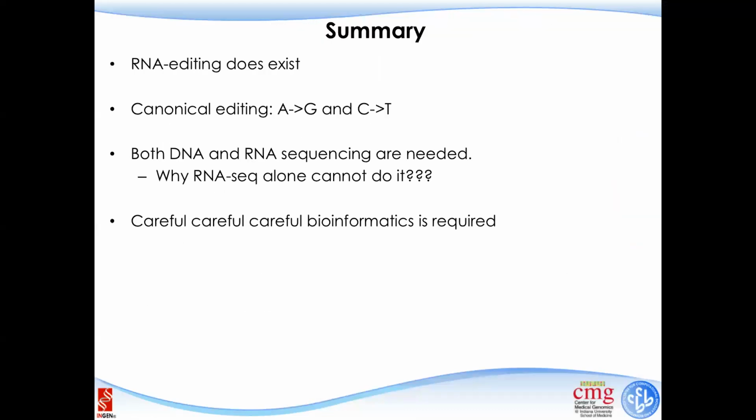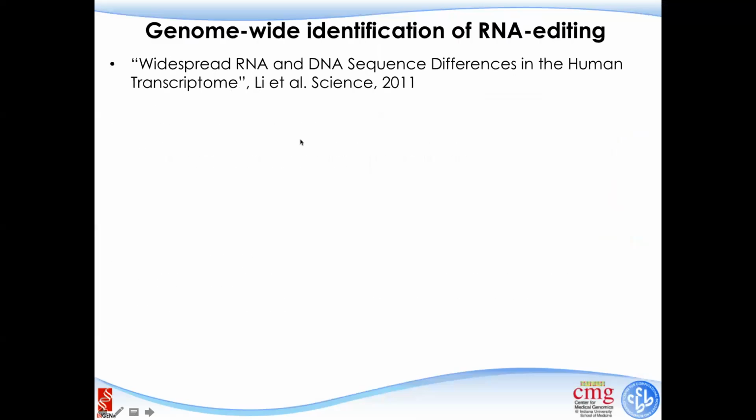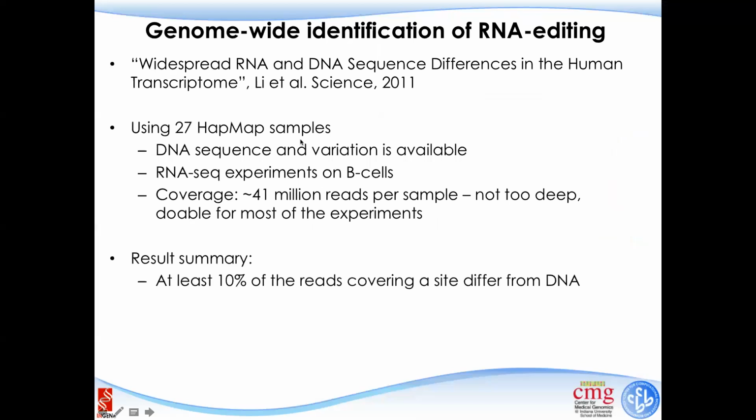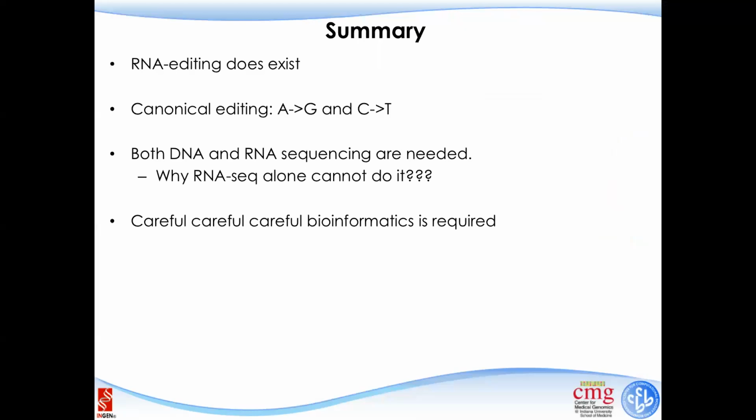Here is a summary showing that RNA editing does exist, and the canonical editing is just these two mechanisms. But please keep in mind, I excluded one slide from before, because this one is under a big debate. Some published results have shown more general RNA editing events, not only the canonical two but many other events.